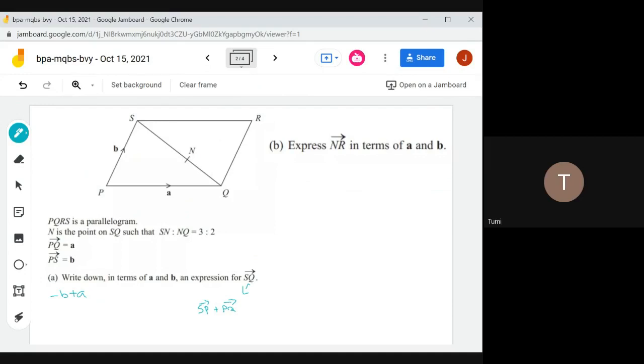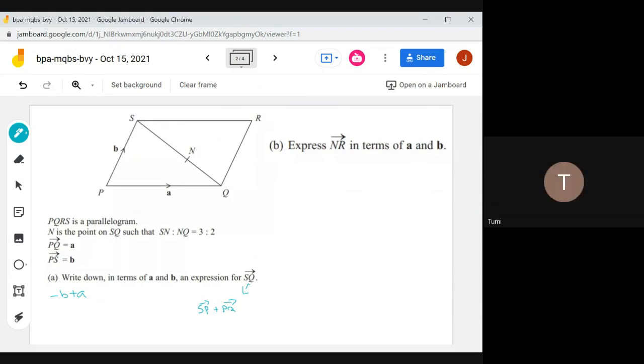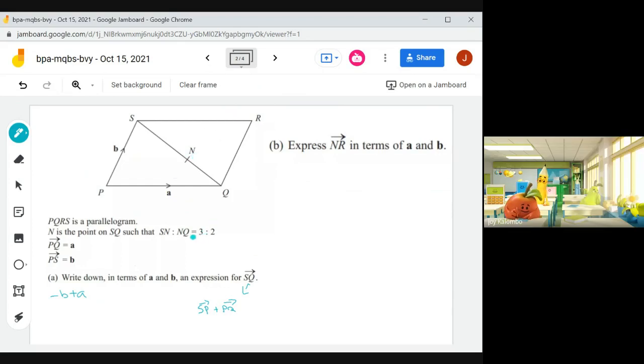Okay. So since S to N is three and N to Q is 2, would that mean that S to N is 3/5? Say that one more time, sorry. You said S to N is 3/5? Perfect, yeah, because it's three parts and two parts.